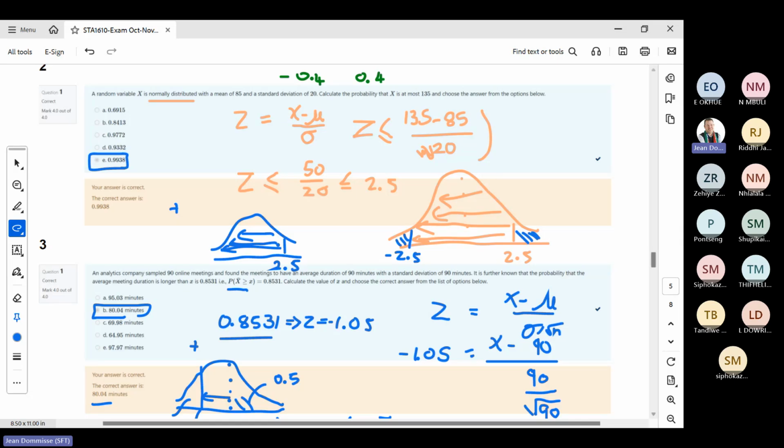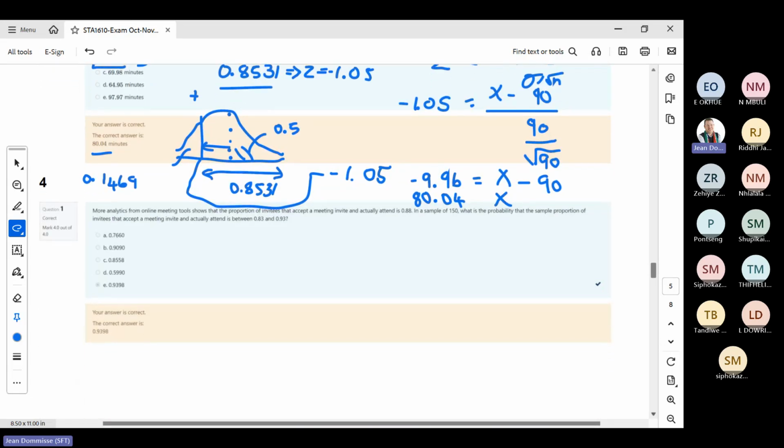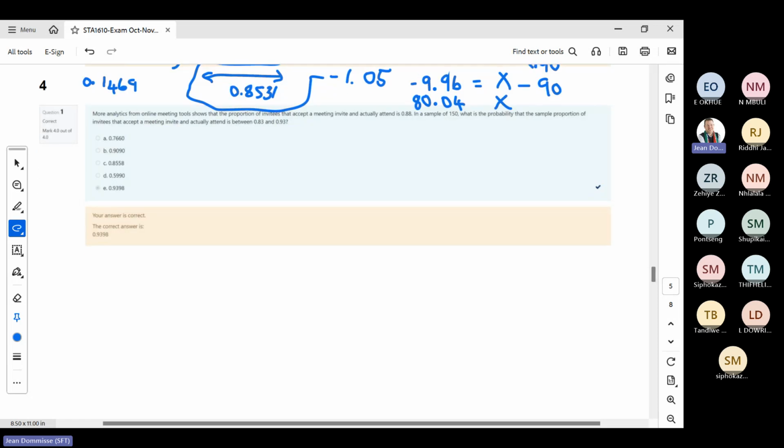So it doesn't need to always be just the normal distribution. It can also be where we're referring to the sample normal distribution. And then normally after that, there is a question around proportions.